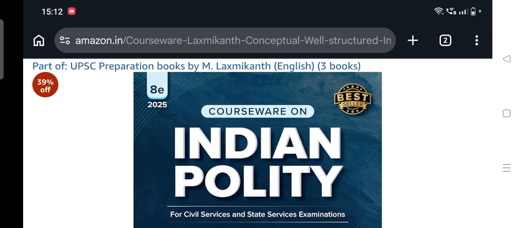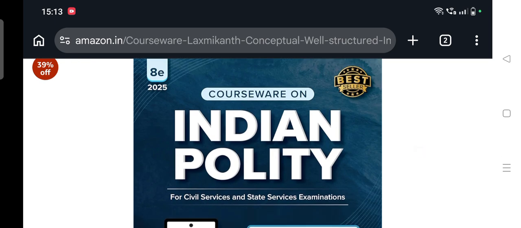So, if you go through this book, Indian Polity by Lakshmikant, and if you go through Press Information Bureau of India releases for some months, then you can expect around 40 to 45 questions in our law entrance examination.